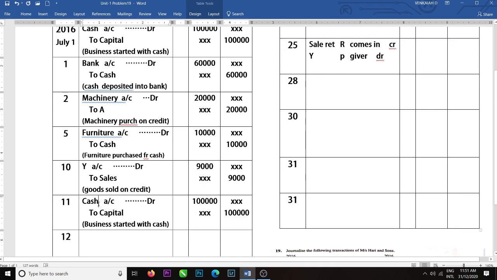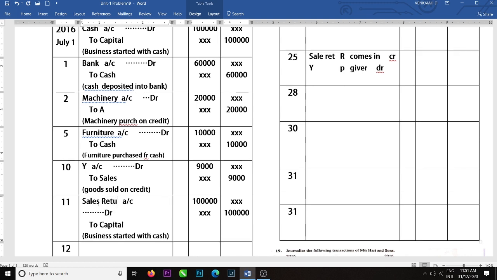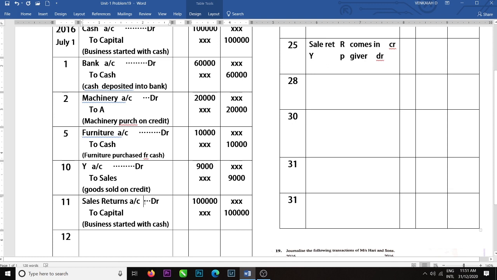The entry will be sales returns account debit to Y account. Goods returned by Y. The amount is 1,000.